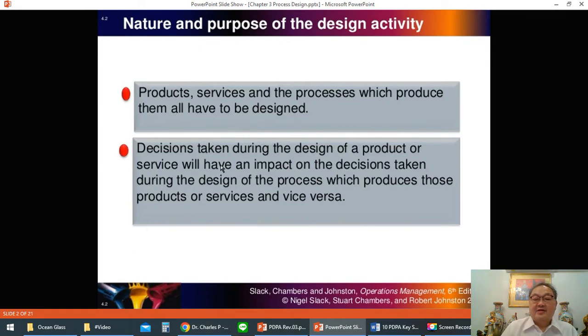Right. Decisions taken during the design of a product or service will have an impact on the cost, speed, quality, dependability, and reliability of the product. So these ideas will affect the product itself and also your organization.